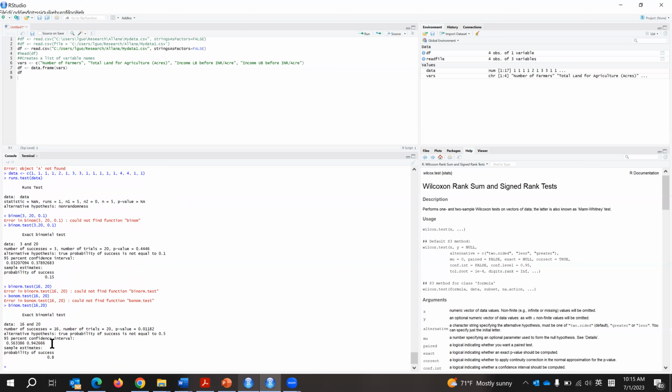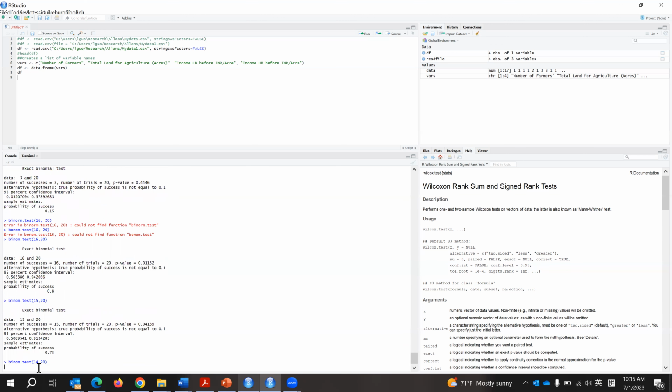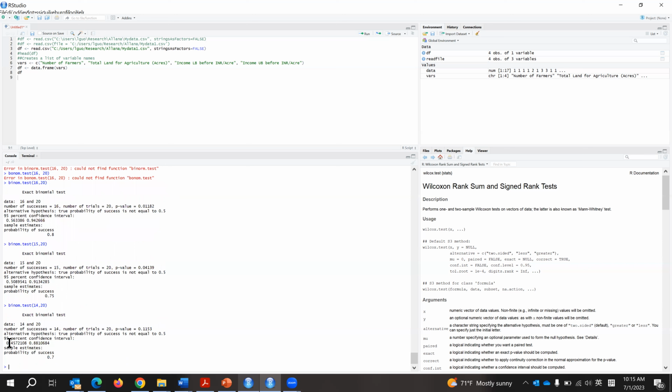So we got a confidence interval still above 0.5. It doesn't contain 0.5, so we need to try a lower value, 15. Okay, this time it is still above 0.5. Then 14. Okay, this time it just contains 0.5 inside this range.